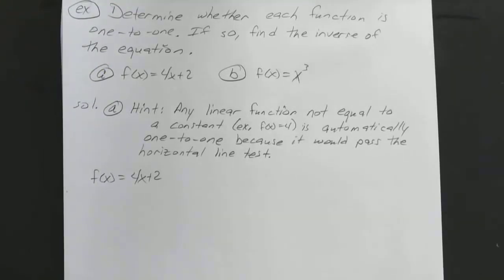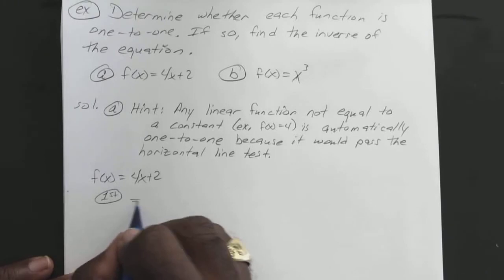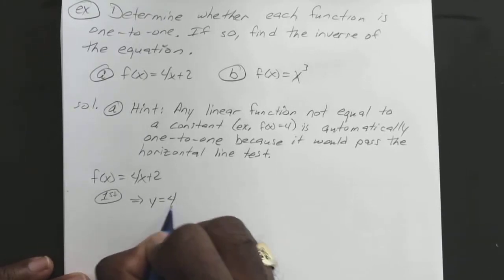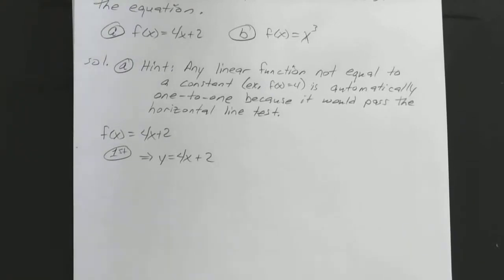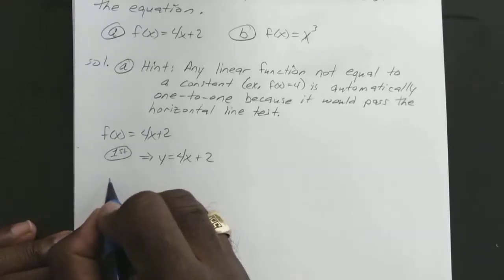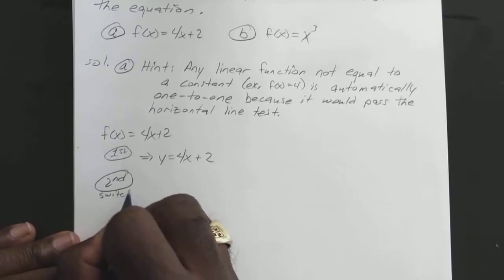All right. So if we have f of x equals 4x plus 2, remember your first step is going to change your f of x to y. So you have y equals 4x plus 2. Okay.